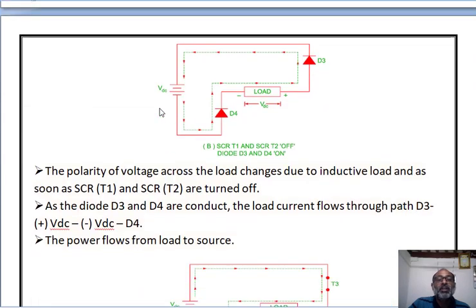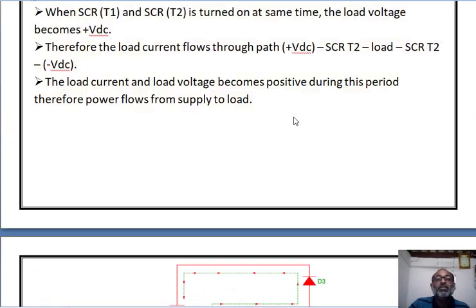Now in the next condition, T1 and T2 are turned off. If an inductor is used as a load, there is some energy stored during the first mode. When SCR T1 and T2 are turned off, the polarity of the voltage across the load changes due to the inductor.